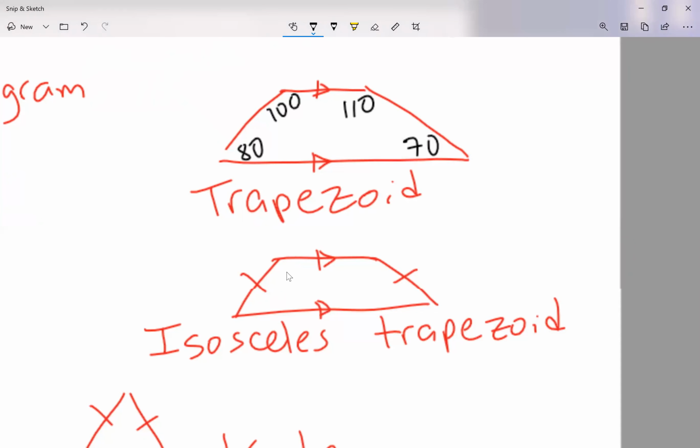So notice two adjacent angles, two angles that are next to each other, don't have to add up to 180. Now for an isosceles trapezoid, let's say this is 110 and this is 70. On the other side, I get the exact same angles. So notice for just a regular trapezoid, the angles on the left and the angles on the right are not equal. On an isosceles trapezoid, they are.